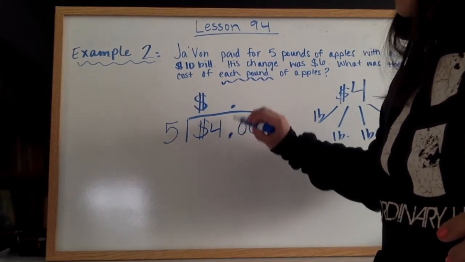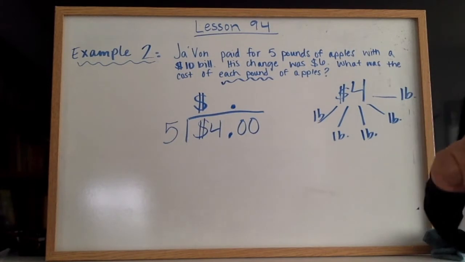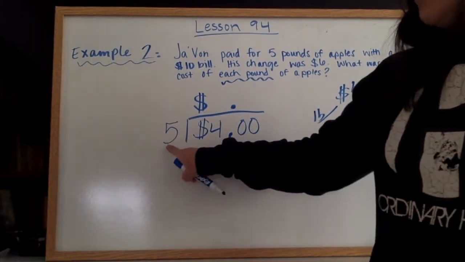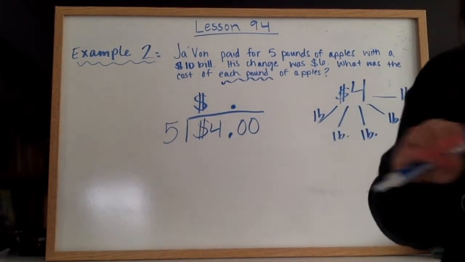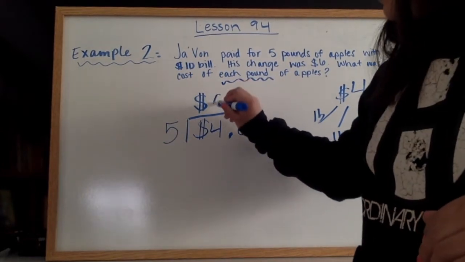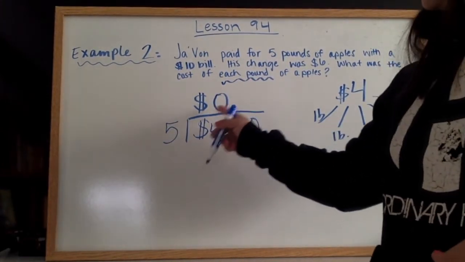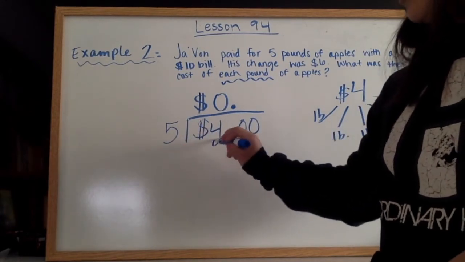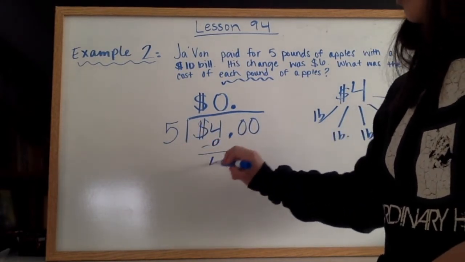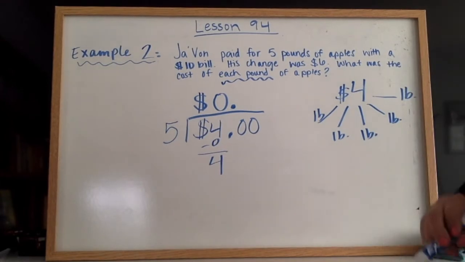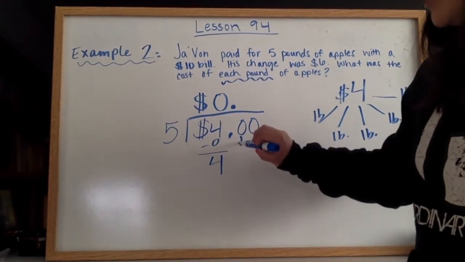I do not want to forget that. Now, how many times can 5 go into 4? 0 times. If you want to follow through with this, you can take 0 times 5, which is 0, subtract, and you'll get 4. Okay? Then we bring down this 0.